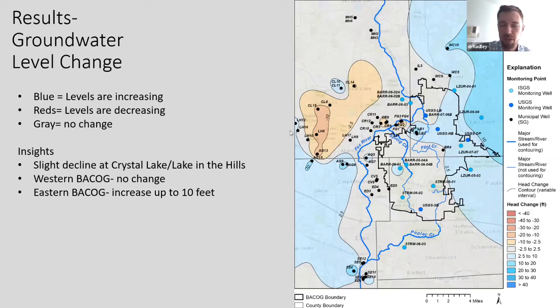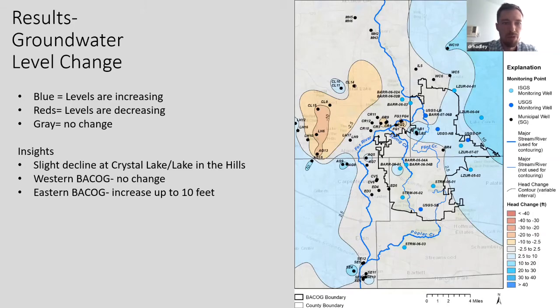And so from 2014 to 2016, we have a general increase. Oh, so sorry, I'll clarify here. The blue shading, not the blue dots, and the orange and reddish shading is indicative of either an increase or a decrease.